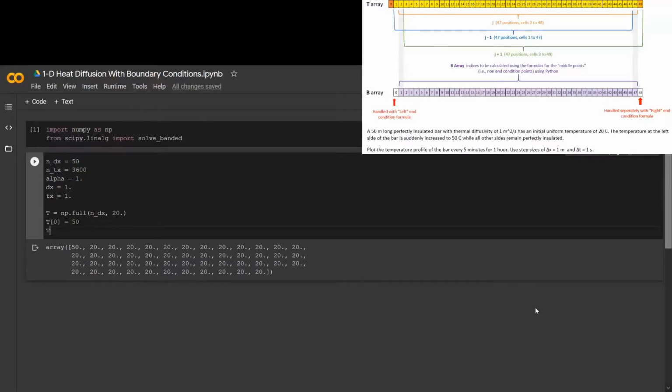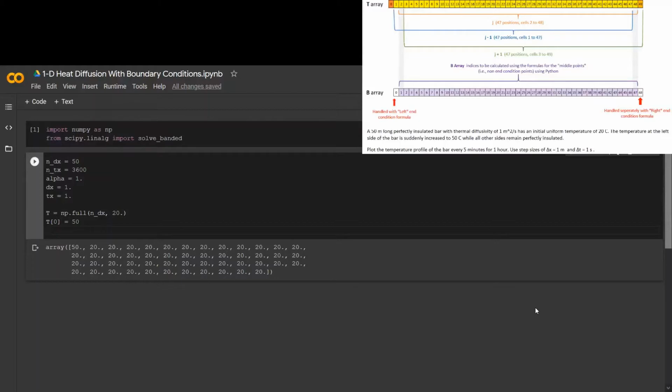The other thing we probably need, I'm just thinking, because at some point we're going to want to graph these iterations that we're going to be running through, solving for these different temperatures at succeeding times.